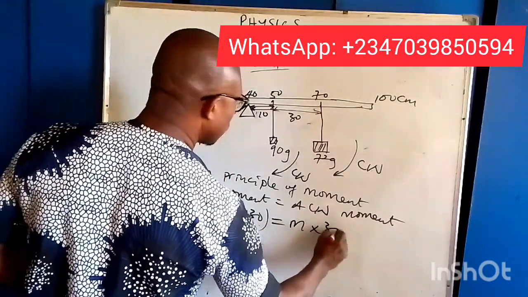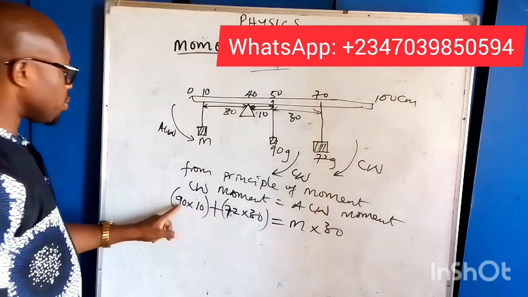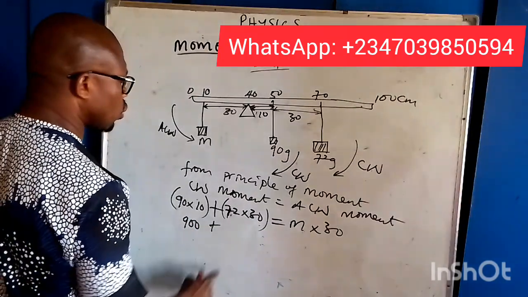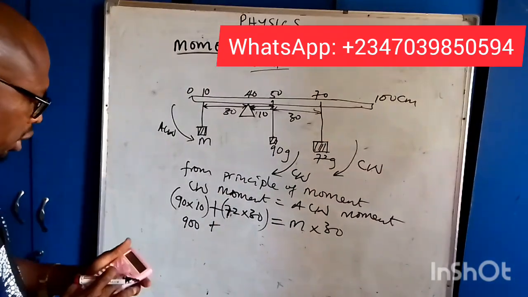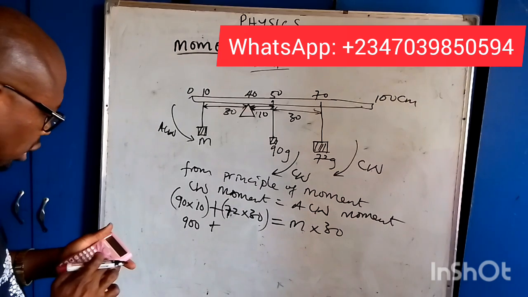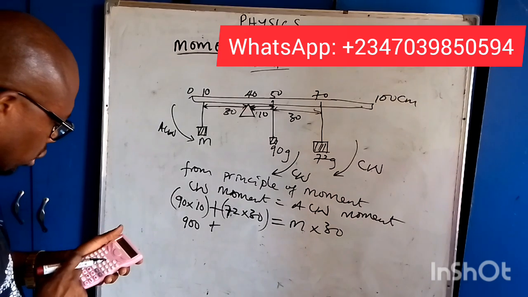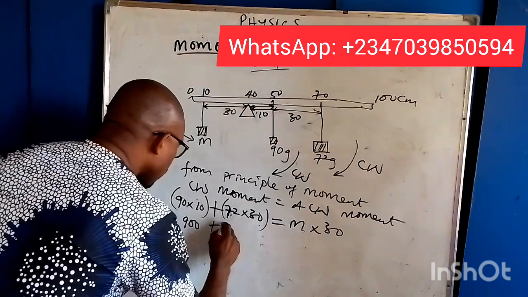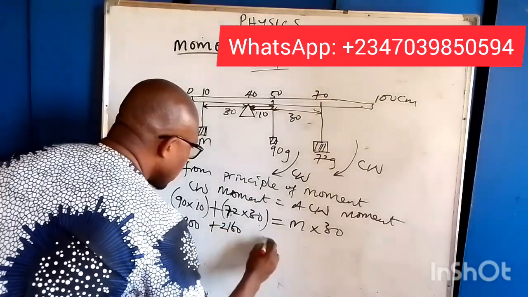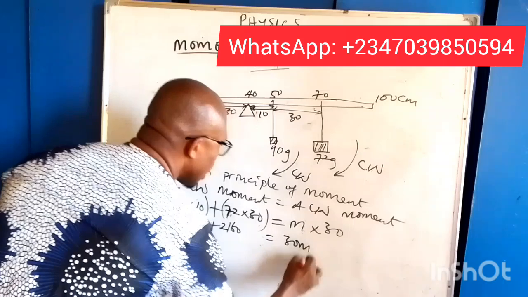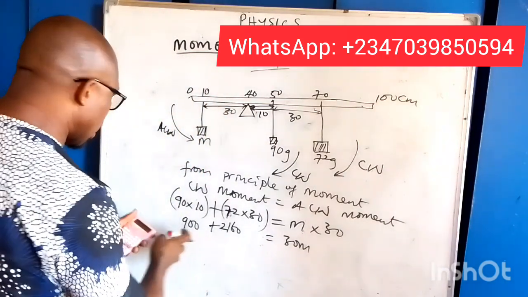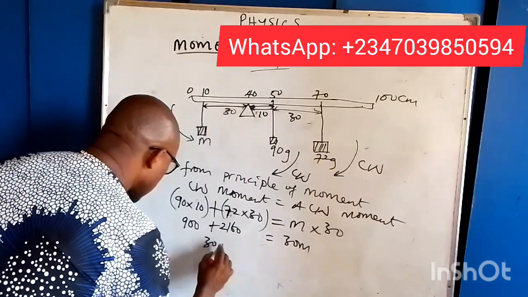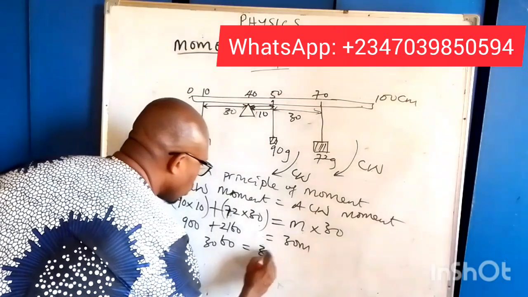M times 30. So 90 times 10 will give us 900, plus 72 times 30, which will give us 2,160, equals 30m. If you add these two, it will give us 3,060 equal to 30m.